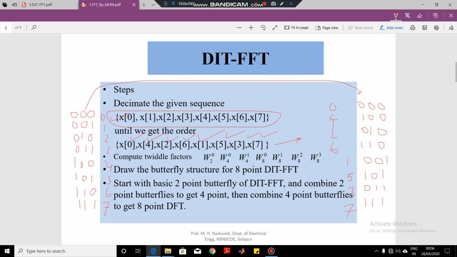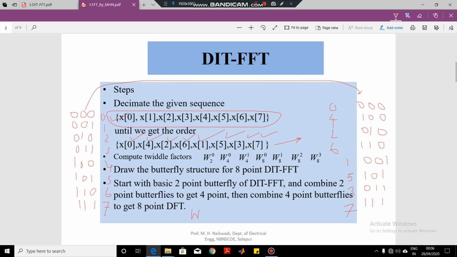What is step number 2? Step number 2 is we have to compute these twiddle factors: W20, W40, W41, W80, W81, W82 and W83. We have seen how to compute these twiddle factors. If you see W20, how to write this?